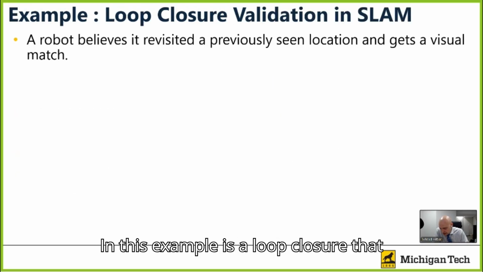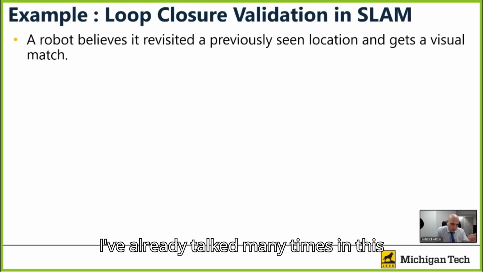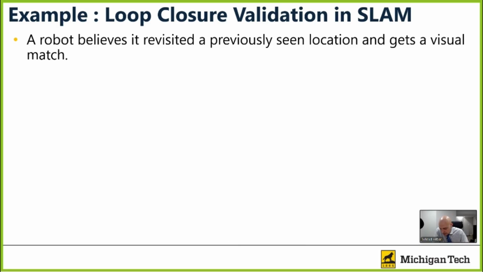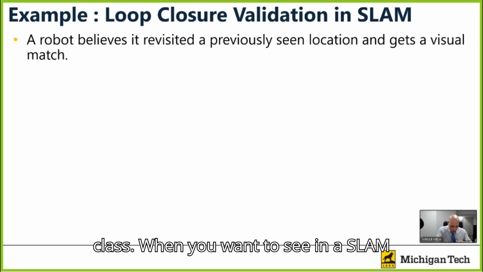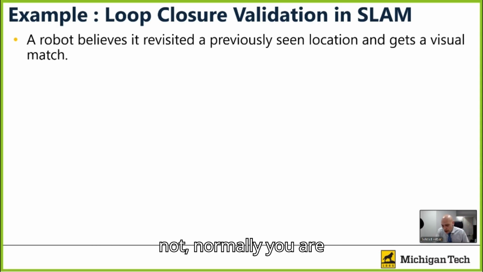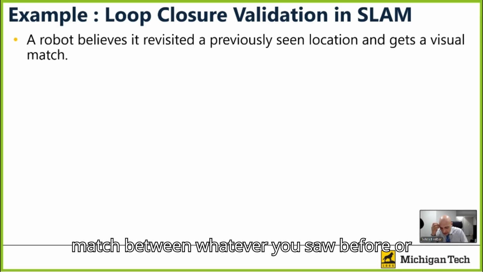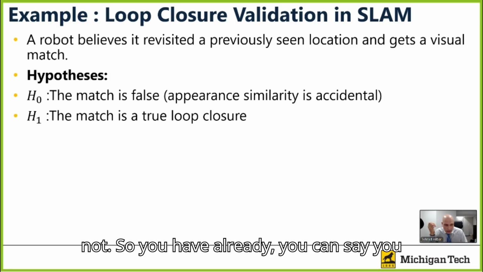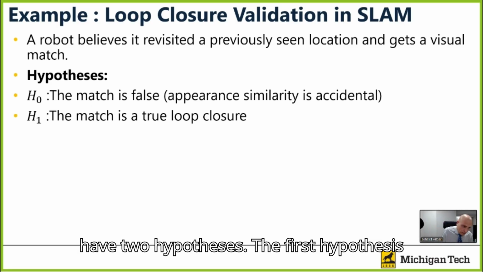So let's do an example. This example is loop closure, which I already talked about many times in this class. When you want to see in a SLAM problem whether a loop closure is happening or not, normally you are checking if you've seen something before, and you need to check if there is a match between whatever you saw before or not. So you have two hypotheses.